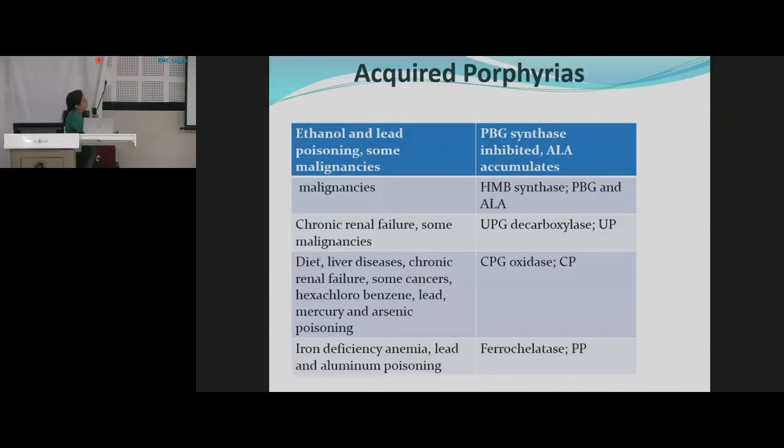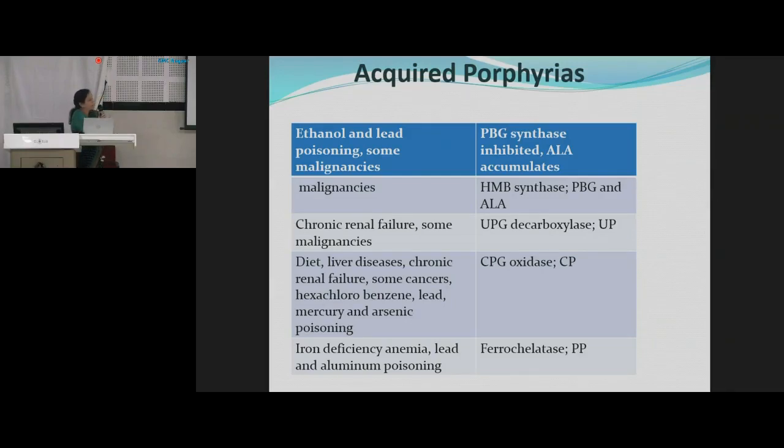Now coming to some types of acquired porphyrias. What are the causes of these acquired porphyrias? One is ethanol and lead poisoning or some malignancies which will inhibit the PBG synthase, and ALA may accumulate in the body.